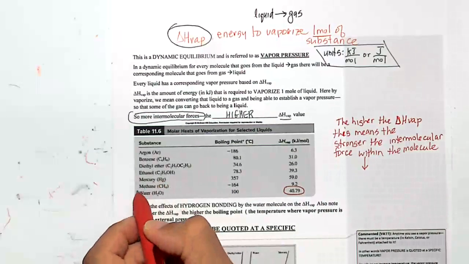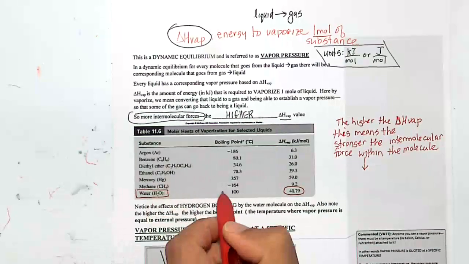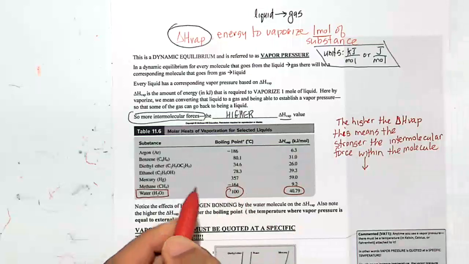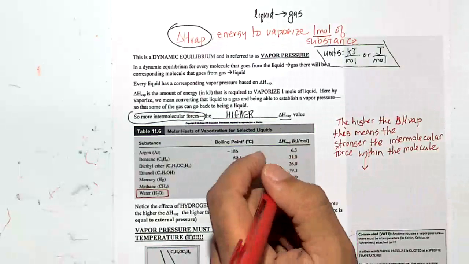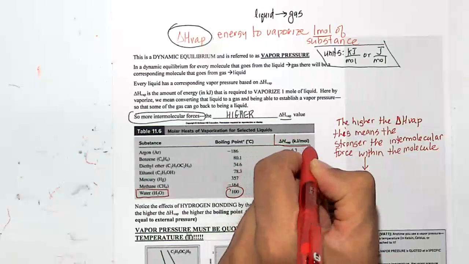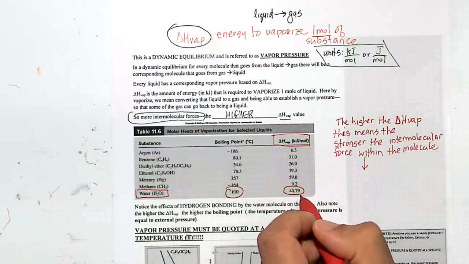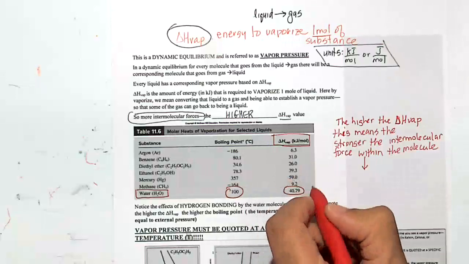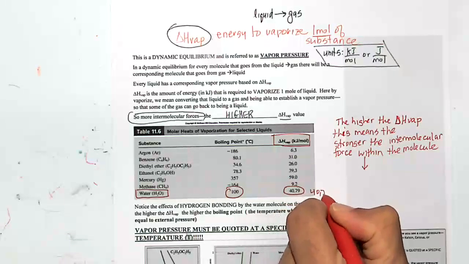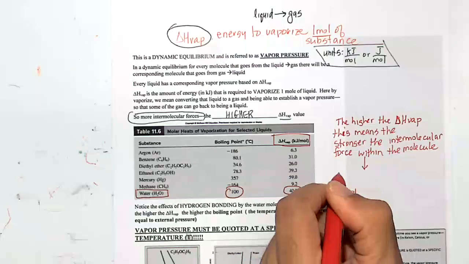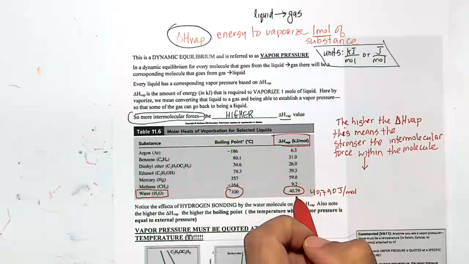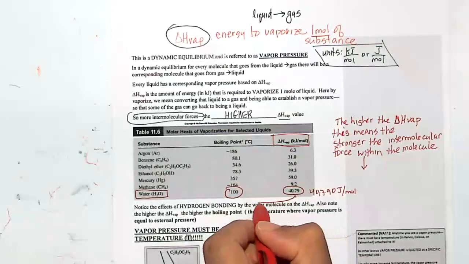Look at water here. Water has a boiling point of 100 degrees C. And look at the delta H vaporization, 40.79 kilojoules per mole.